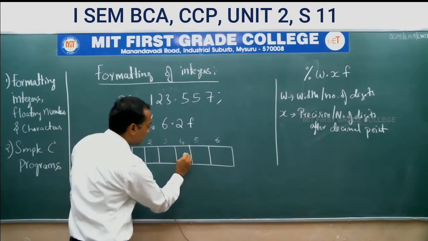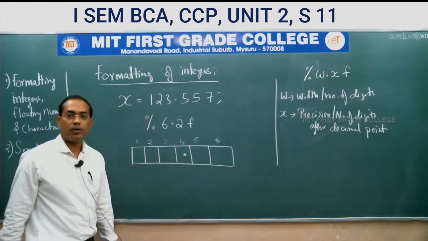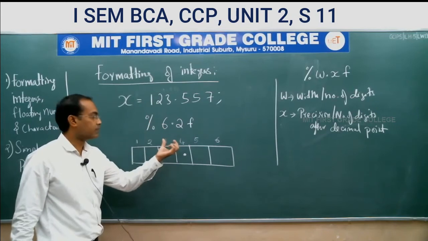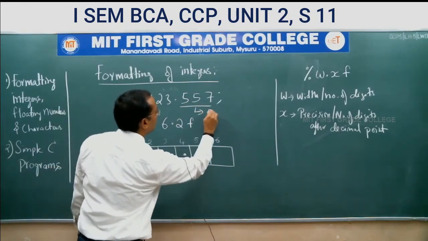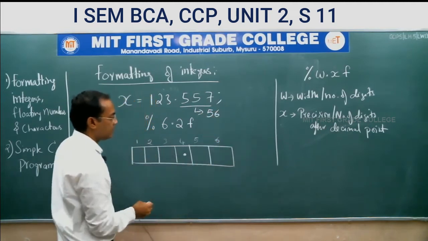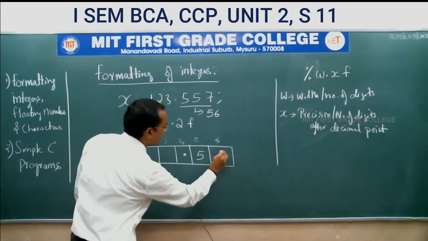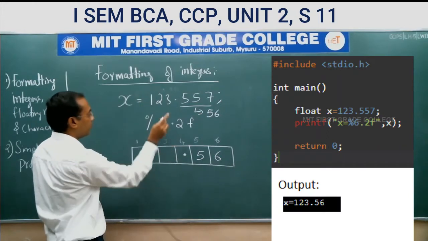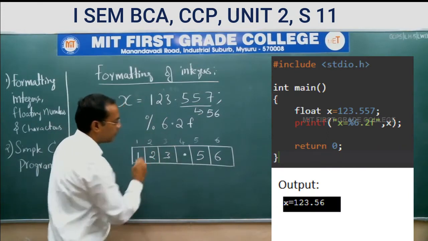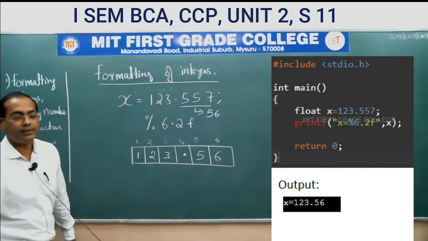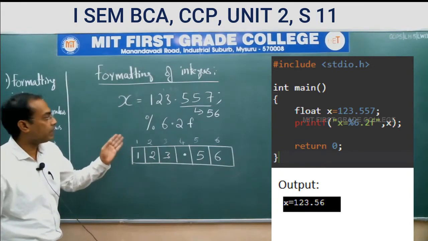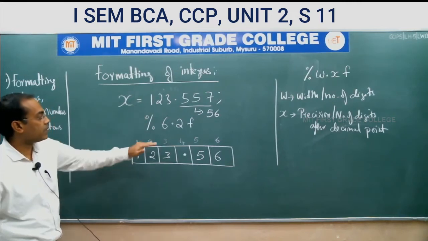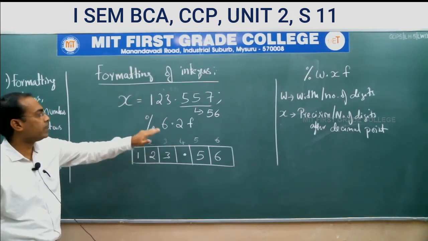So 557, the precision will round to 56. So 56 will be displayed here and 123 will be displayed as it is. So this is how the compiler will display 123.557 in the case of a floating point number.